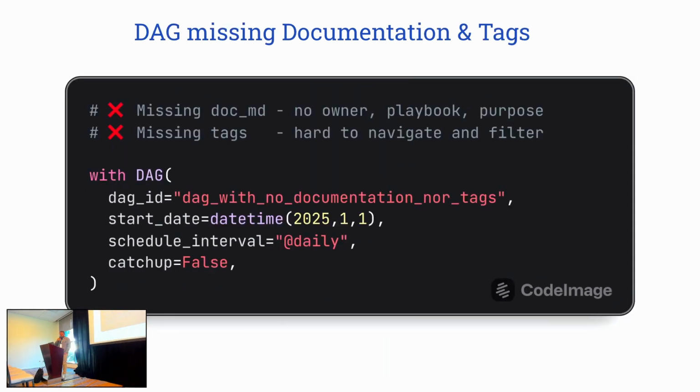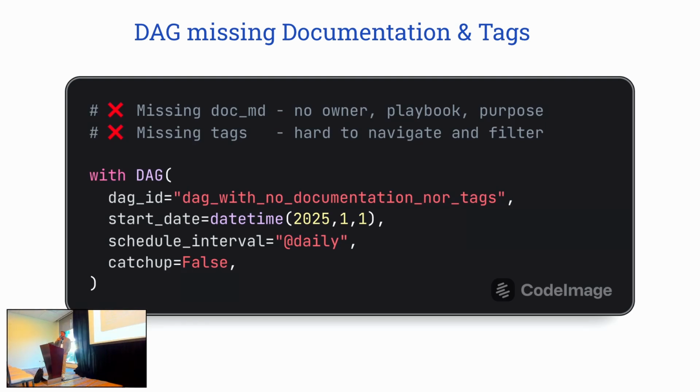Another pattern we wanted to avoid, and which we found very damaging to what we define as quality, is that DAGs are not documented or they are not using tags. Since we have lots of DAGs, we rely on DAG tags to navigate our way through the UI, and if people are getting new DAGs without tags, it's really hard to navigate.